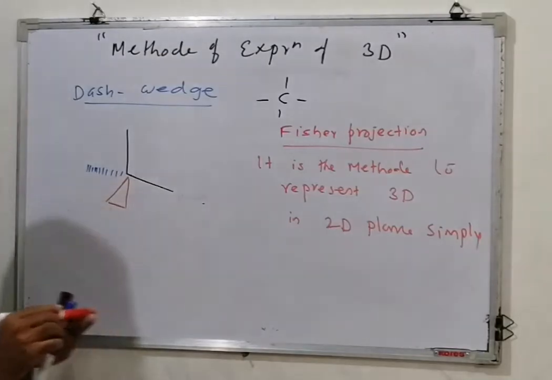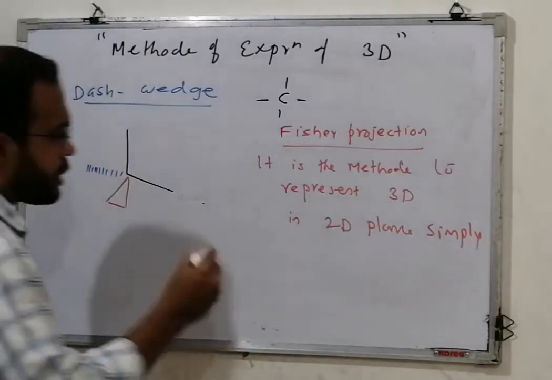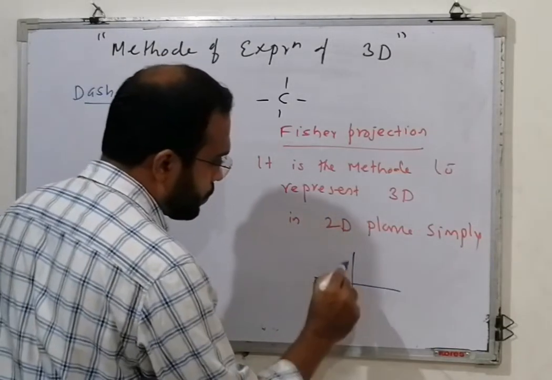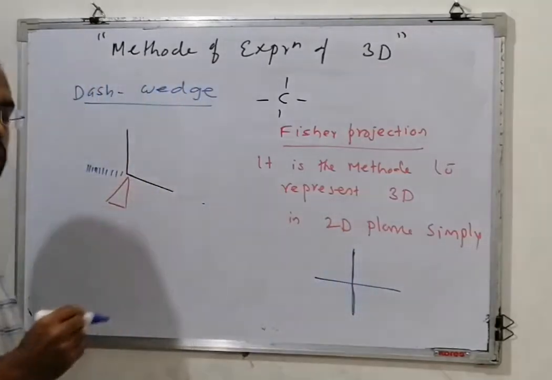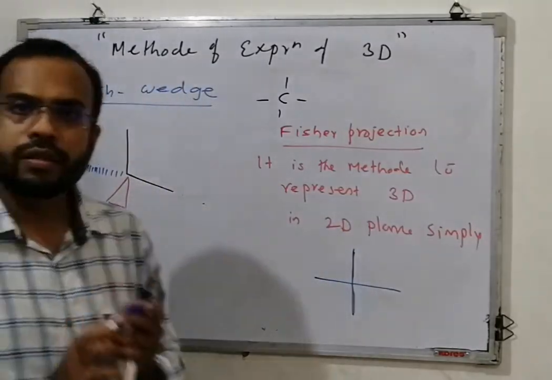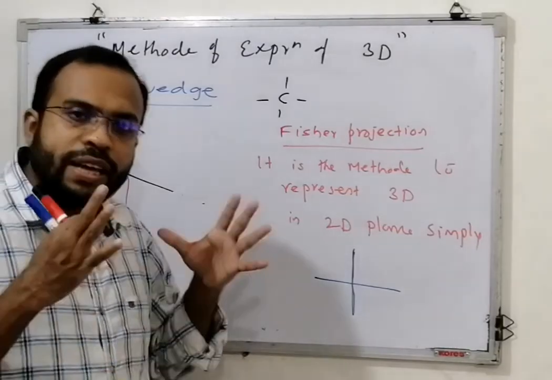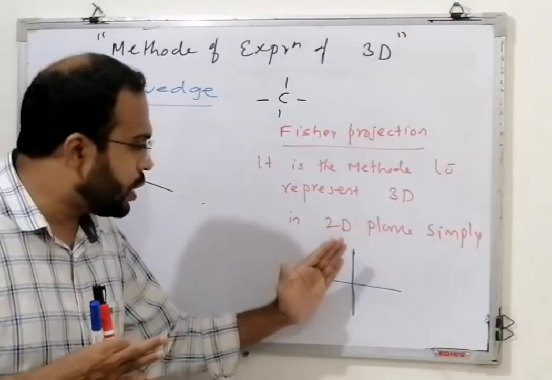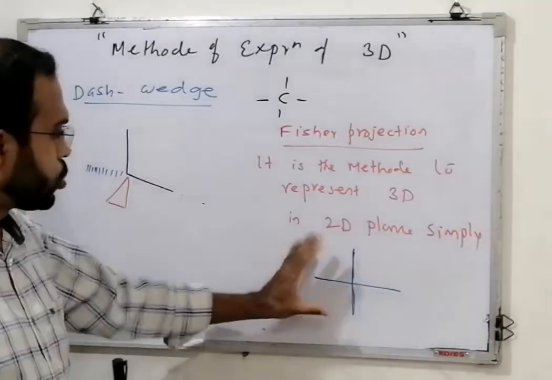A Fischer projection is nothing but a cross on the plane of the board, the plane of the paper. That is 2D, very beautifully represented.